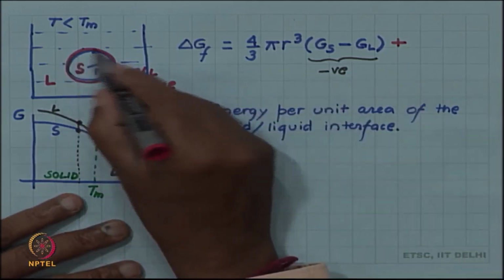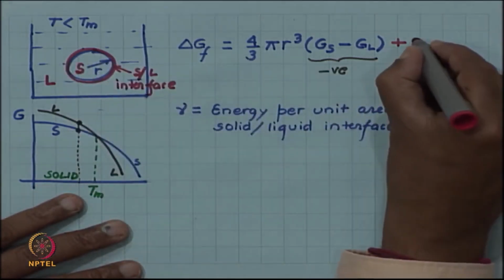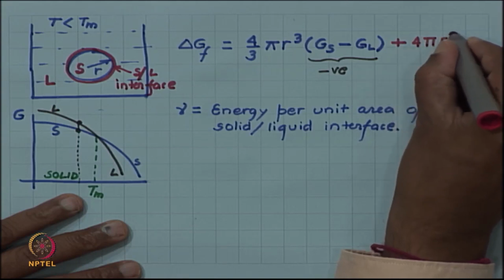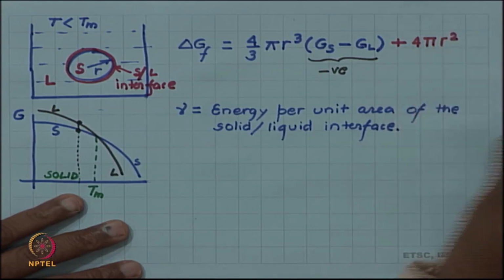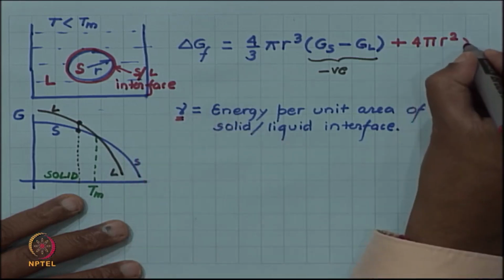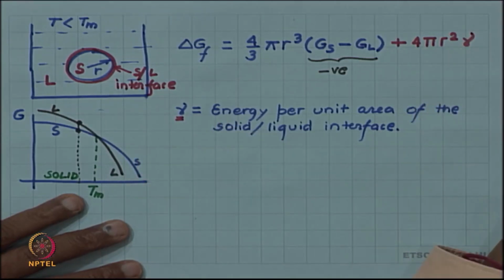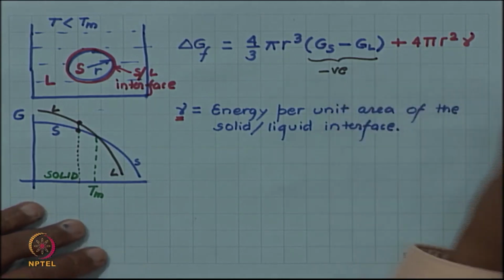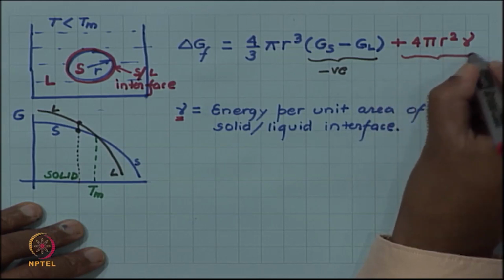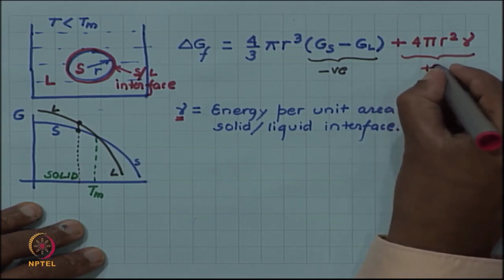So, let us add that. You can see that for a ball of radius r, the area will be 4 pi r square, and since gamma is energy per unit area, we simply multiply this with gamma to give us an additional term, and this additional term by its very nature is positive.